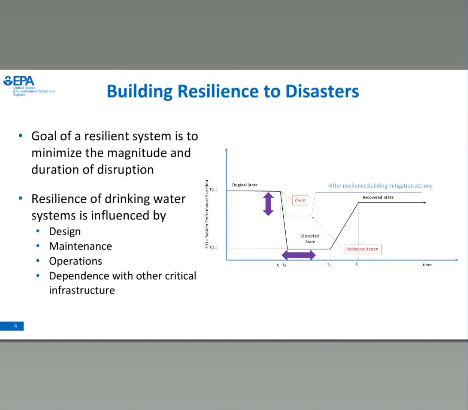So in the figure on the right, we are highlighting a measure of the resiliency in terms of different performance metrics. This could be the number of customers impacted, or maybe the cost of the impact across time.